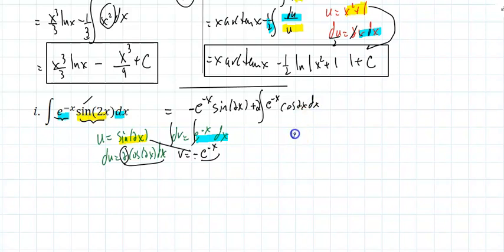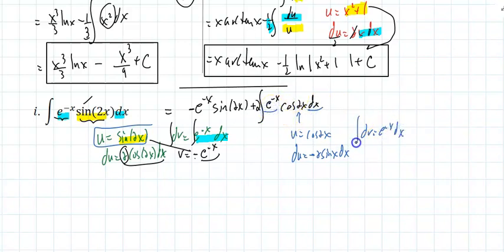Second round, I let u equal, you want to be consistent, the trig function, the cosine of 2x. du is negative twice the sine of 2x dx, which means dv is whatever's left over. And if I integrate, v would be negative e to the negative x. So this is going to equal, if you notice, negative e to the negative x, sine of 2x is there. There's a 2.